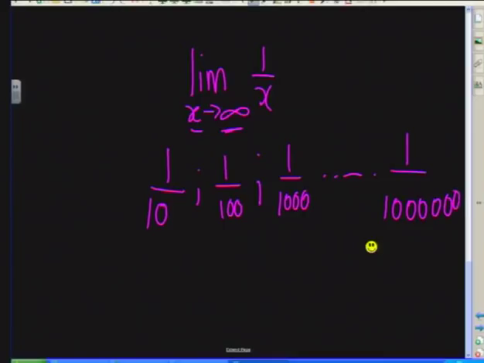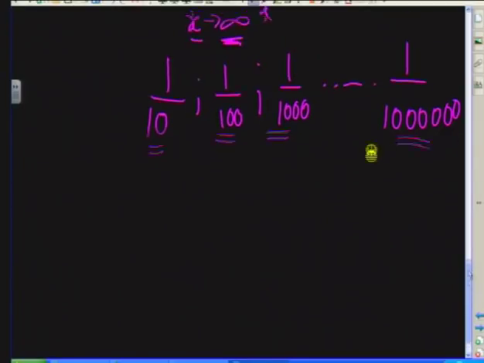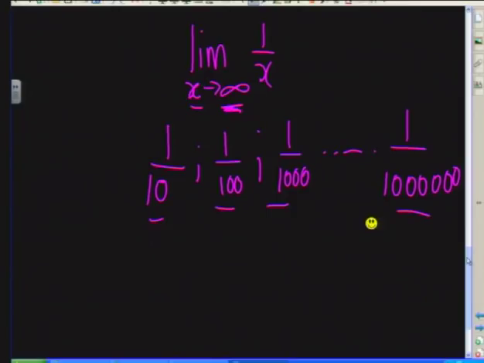I obviously don't know what infinity is, but I know that infinity is big, so I'm making these denominators bigger and bigger because I want to see what's going to happen to the overall function. What you'll notice is these numbers get closer and closer to 0 the bigger the denominator gets.